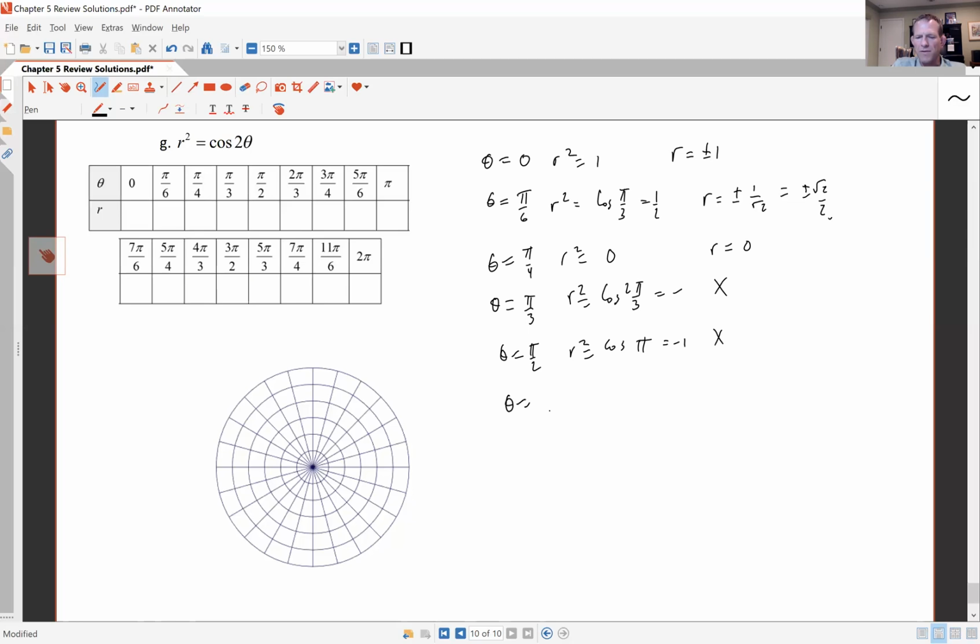Theta equals 2 pi over 3. R squared is cosine of 4 pi over 3. That's in quadrant 3 now, and this is a negative 1 as well. 3 pi over 4. R squared is cosine 2 times 3 pi over 4, or cosine of 3 pi over 2, and this puts us back to 0.